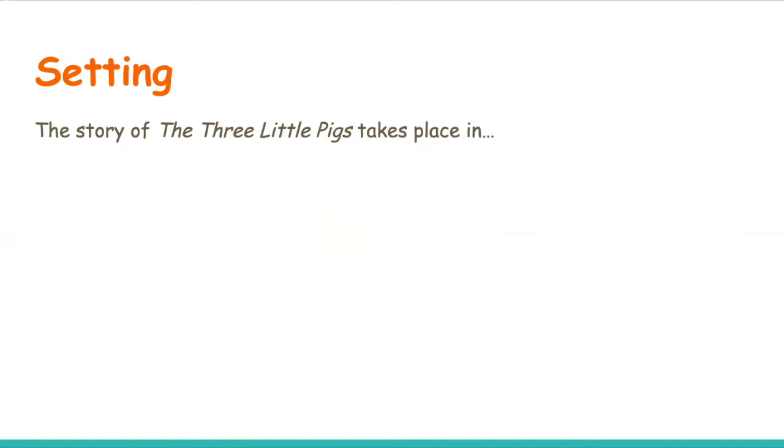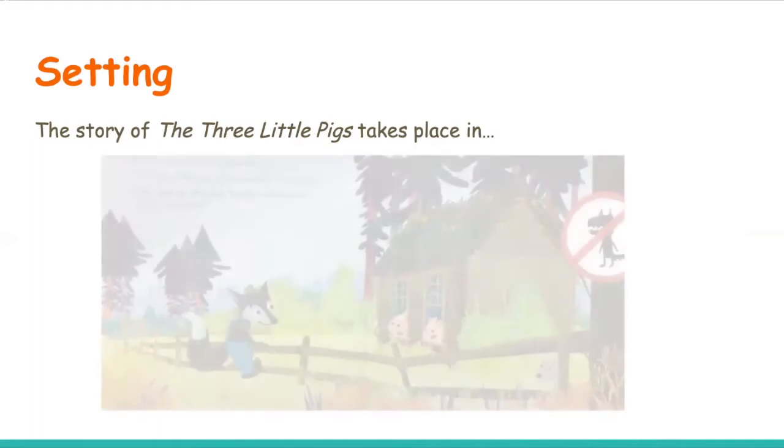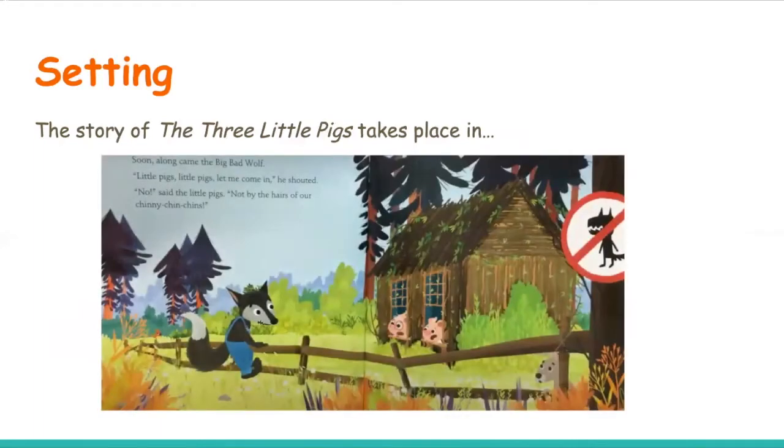Next is the setting. The story of the Three Little Pigs takes place in, let's look at this picture. I see a lot of trees. I see a lot of grass. I see the two pigs here and the wolf. I also see some animals.